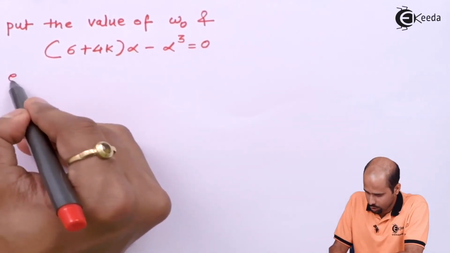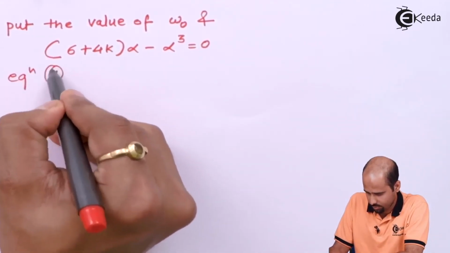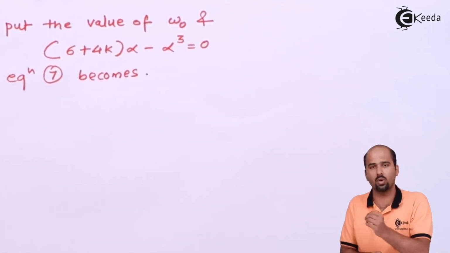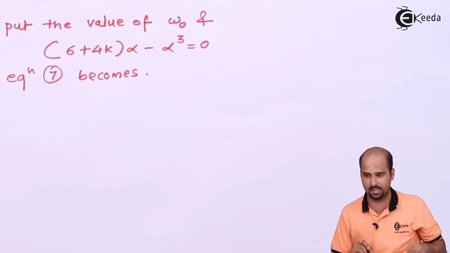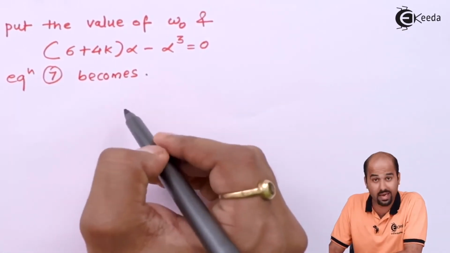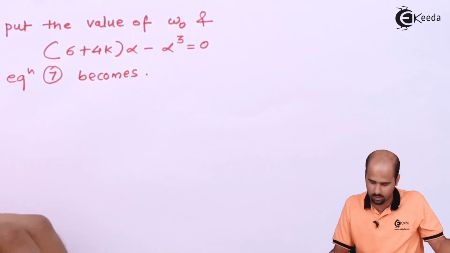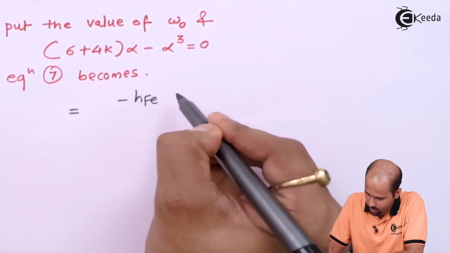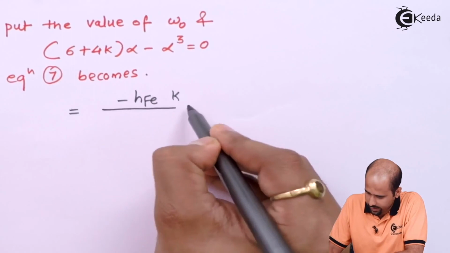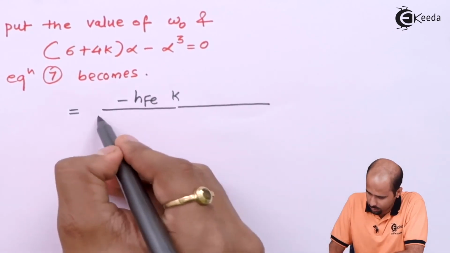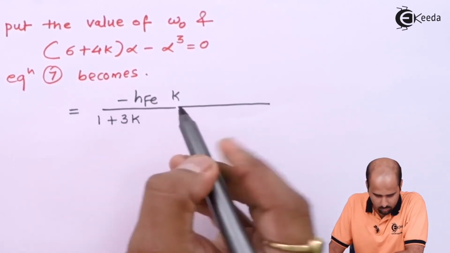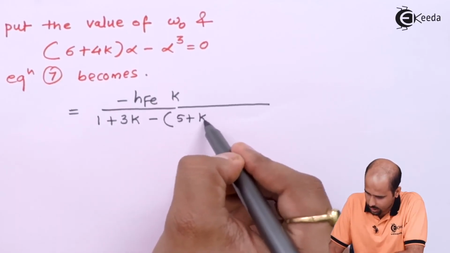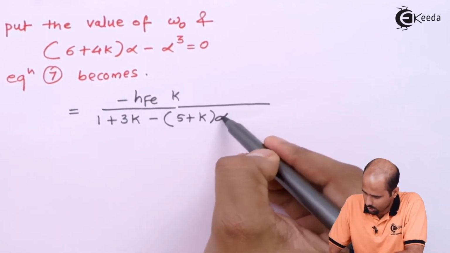So equation 7 becomes minus HFE into k divided by 1 plus 3k minus 5 plus k into alpha square.